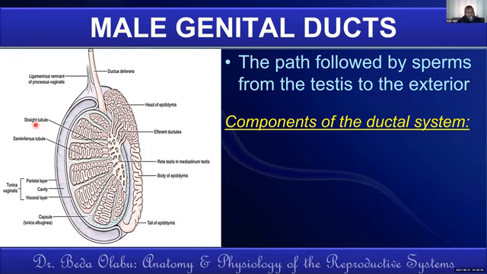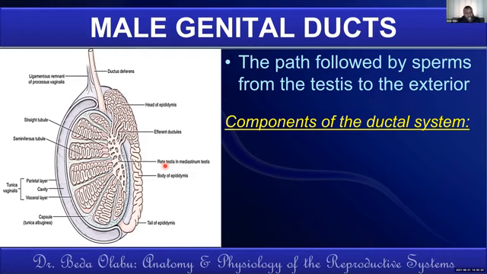There are several straight tubules. Multiple straight tubules meet and anastomose, forming a network. This communication of numerous straight tubules is known as the rete testis. So from the straight tubules, sperms go to the rete testis.